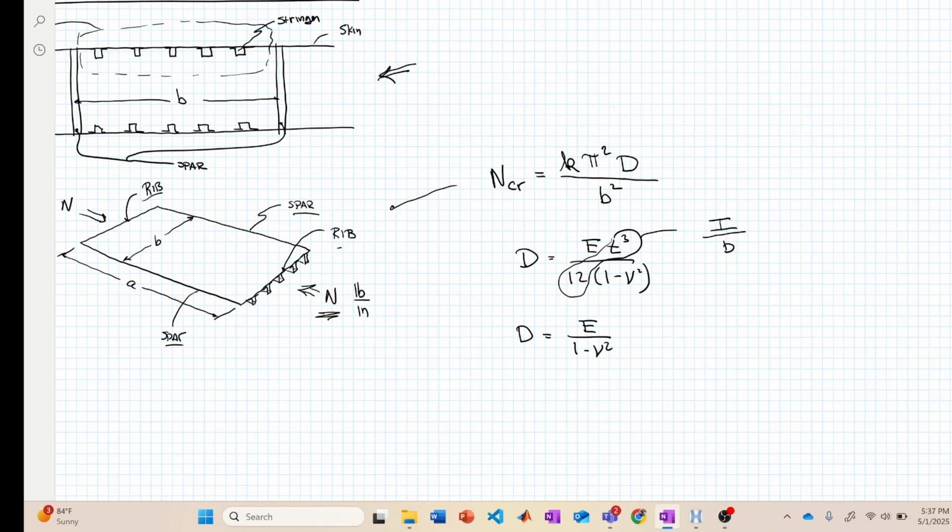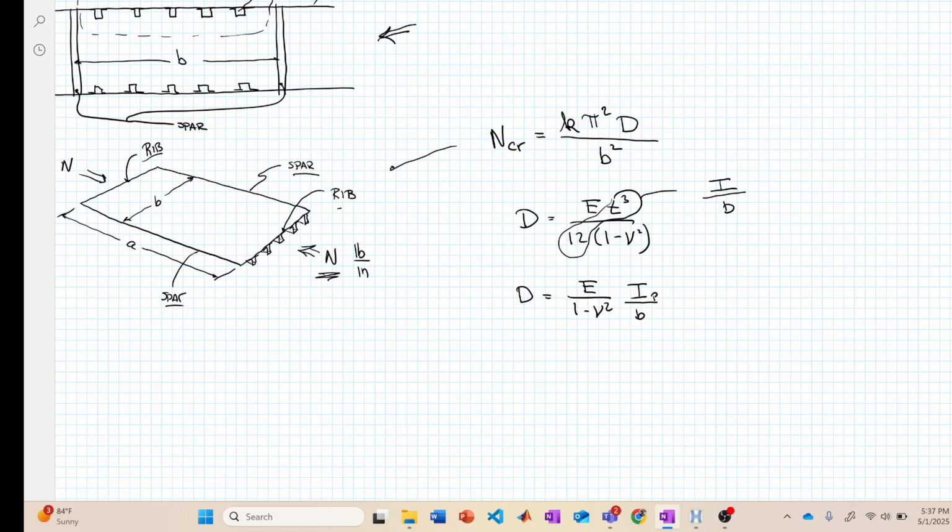That's a quantity that comes from the fact that the in-plane response is plane stress. That's the material constants times I for the section over B. And I'll put a little subscript here, meaning that that's the I of the plate.